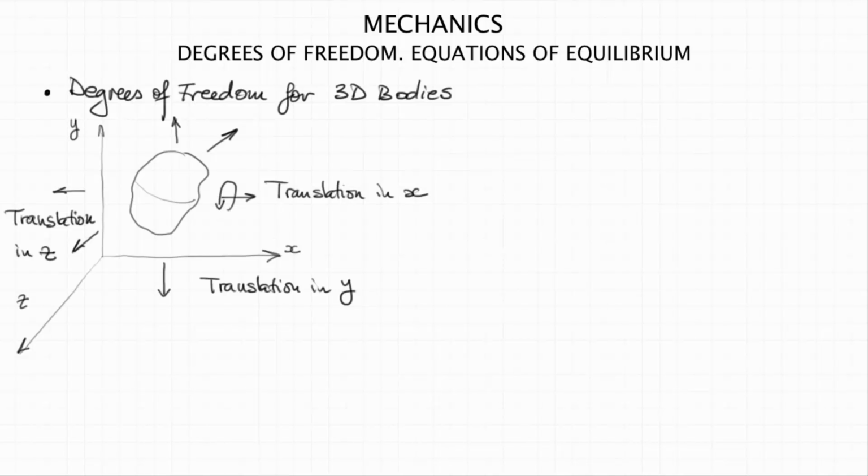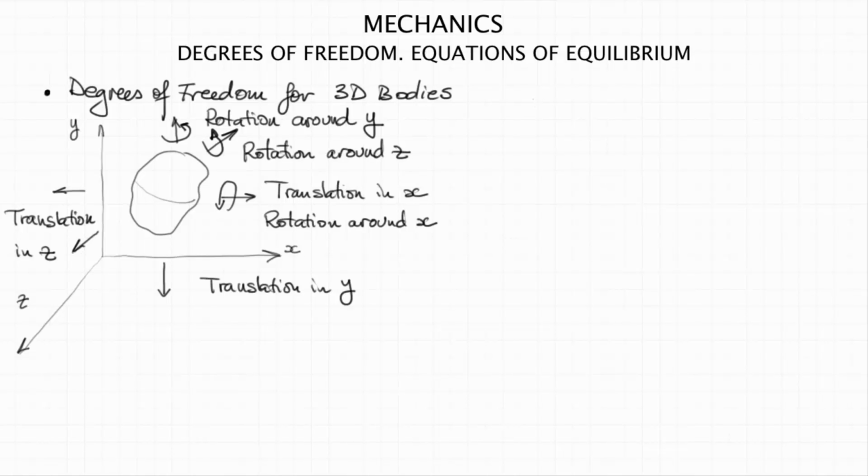Now this body can also rotate around the x-axis, and it can rotate around the y-axis. And of course, as you can imagine, it can also rotate around the 3rd axis, around z.